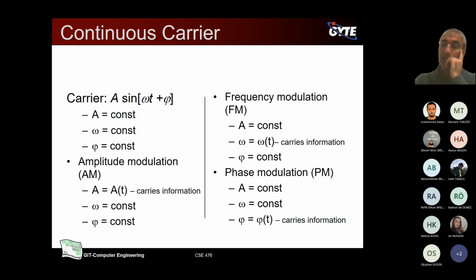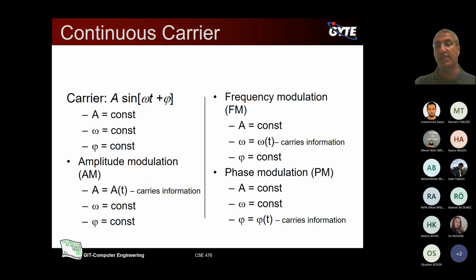Another one is the phase modulation. As the name implies, we keep the amplitude and frequency constant, and we only change the phase of this sinusoid. So for bit 1, the phase is going to be phi 1, and for bit 0 it is going to be phi 2.